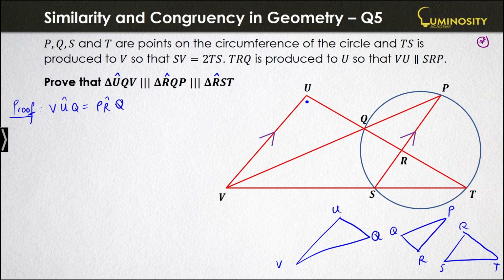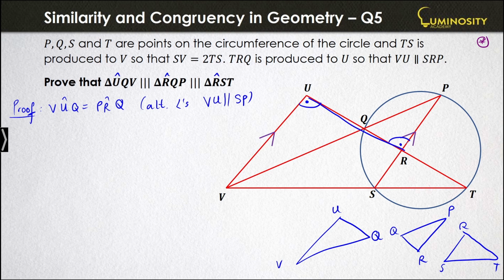That is coming from alternate angles, because VU is parallel to SP. Between these parallel lines, PRQ is this angle here, and the transversal line is this line here, UR.